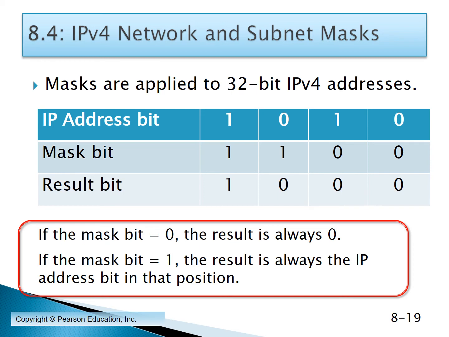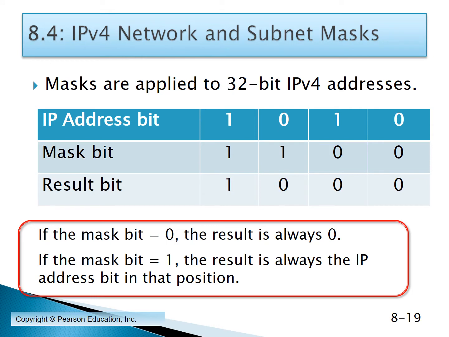For those of you who have done some programming, you will know what that means. For every bit you do an operation, and if both of them are 1, then it becomes 1. If the mask bit is 1 but the other one is 0, then it will still be 0. But if the mask is 0, then the answer must be 0. So for the initial part, your result will be exactly the same as your IP address.